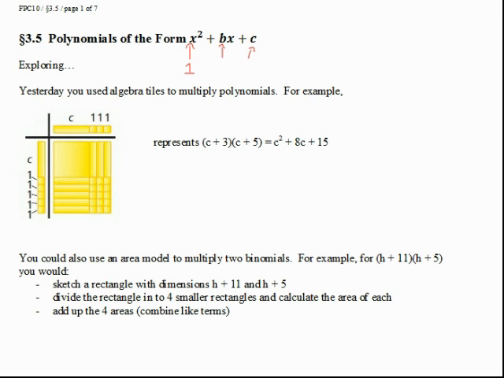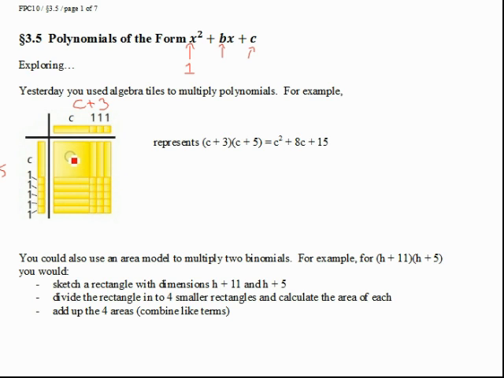Okay? So last class, you were using algebra tiles to multiply polynomials. Here's an example. On this side, we have c plus 3, and on this side, we have c plus 5. Just to remind you how this works, c times c is c squared, and 1 times c is c, three times, and so on, and 1 times 1 is 1.